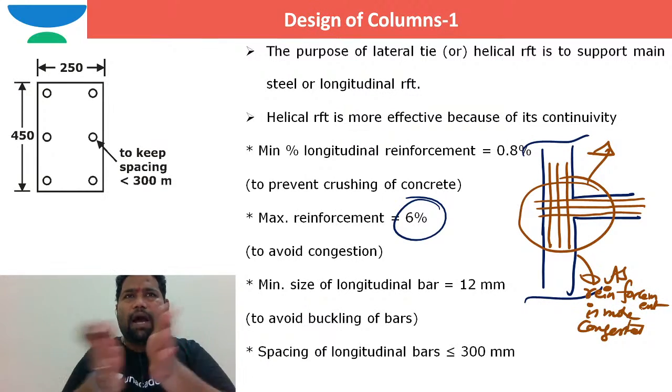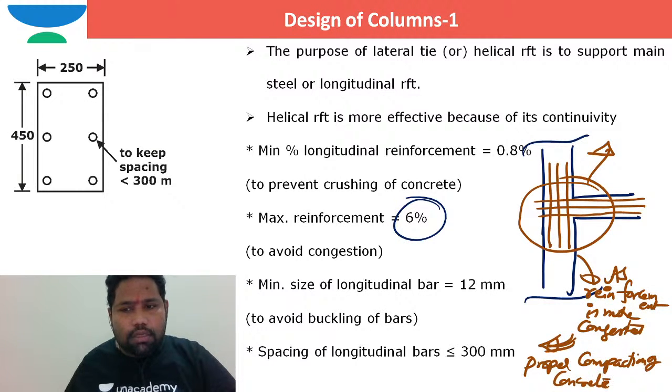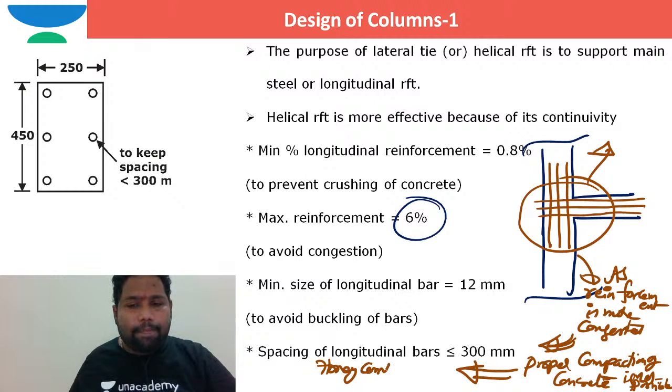When the spacing between the bars is very close, proper compaction of concrete is not possible. When proper compaction of concrete is not possible, that junction will result in a honeycombed junction or more voids in the concrete zone.